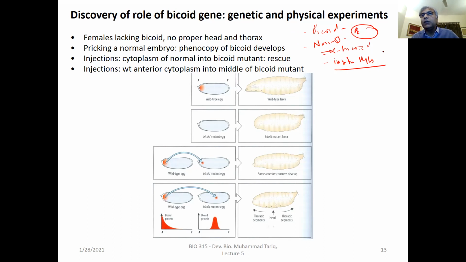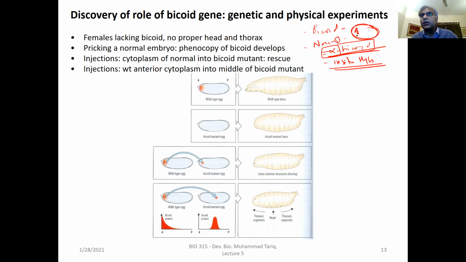If you do immunostaining using anti-bicoid antibody, you won't see any protein in unfertilized egg, because immunostaining means you're using antibody against bicoid protein.